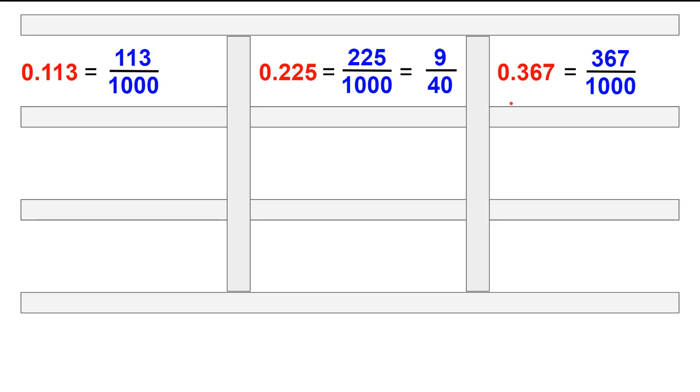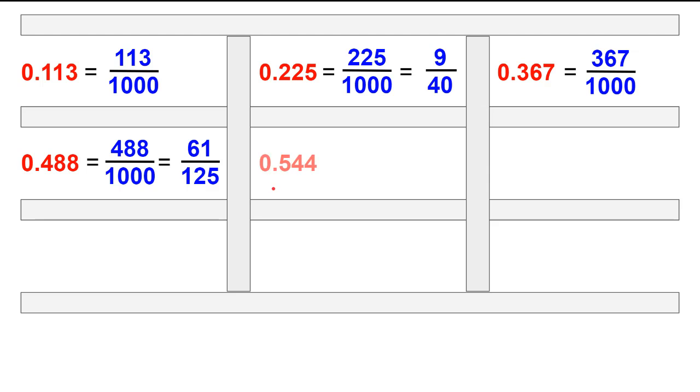0.367 is 367 over 1,000. Cannot be simplified in this case. 0.488 equals 488 over 1,000. And if we divide it by 8, we get 61 over 125. 0.544 is 544 over 1,000.